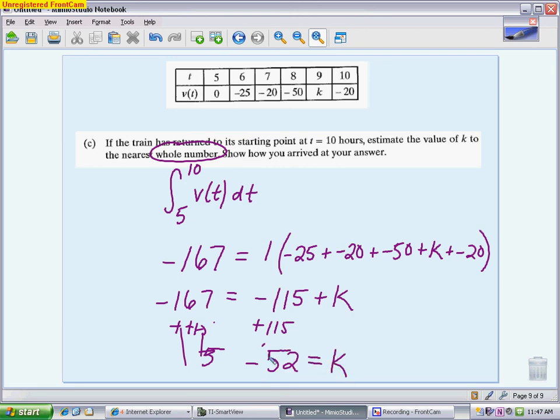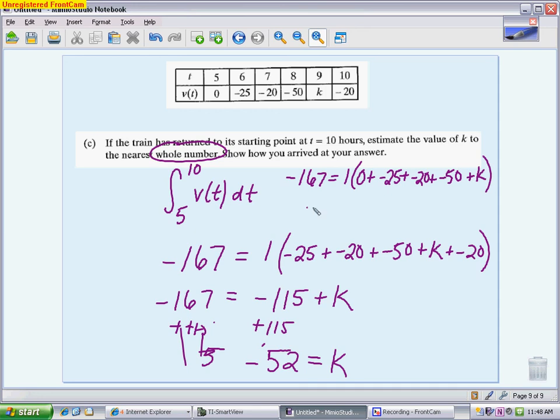Negative 52 is one approximation for k. And again, they said round to the nearest whole number, which is why from the start I wasn't using 166.6 repeating. I started using 167. So that is one appropriate use of k for that approximation. They also said that you could use the left Riemann. So if you use the left Riemann, you still have the negative 167, and you still have the 1, but then it would be 0 plus negative 25 plus negative 20 plus negative 50 plus k.